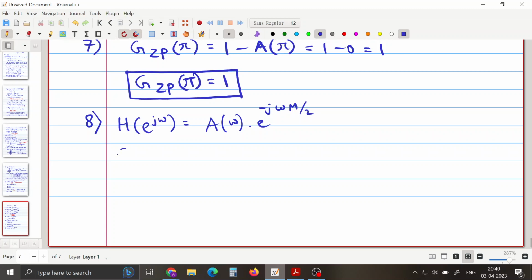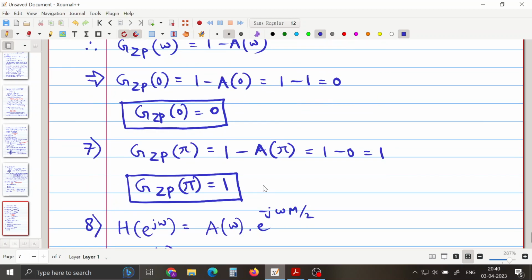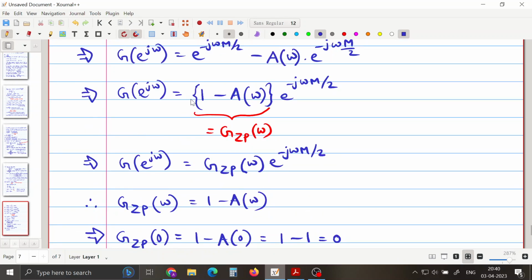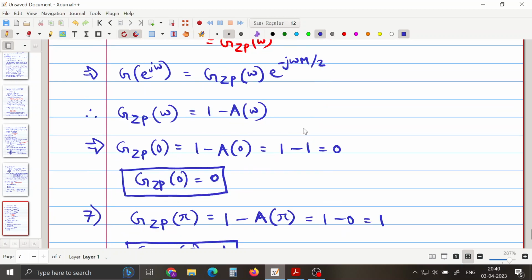And similarly G of e power j omega we obtained as 1 minus a of omega times e power minus j omega m by 2.